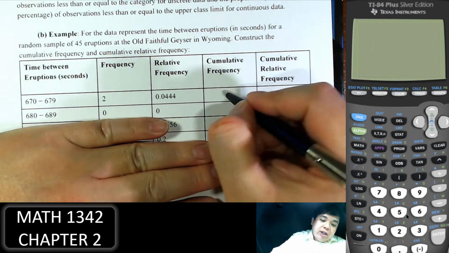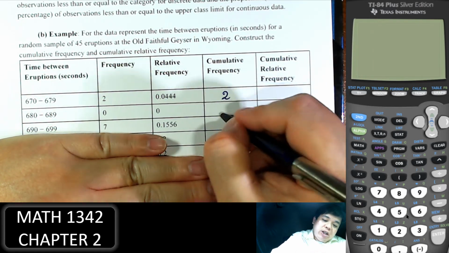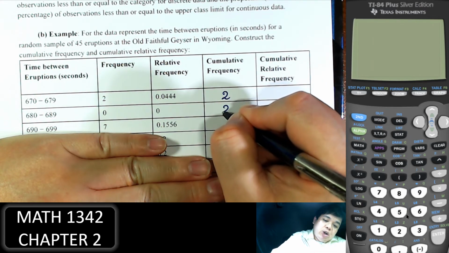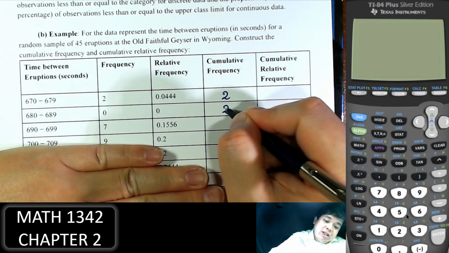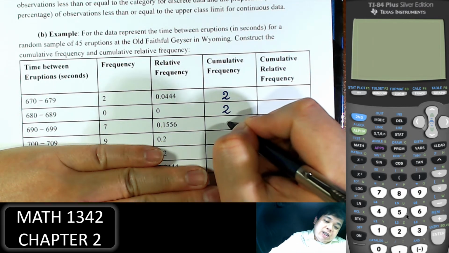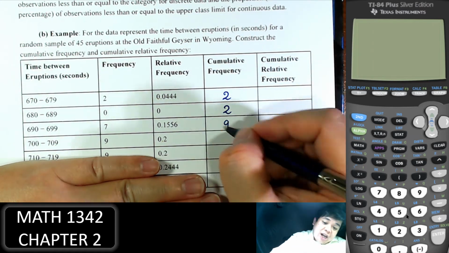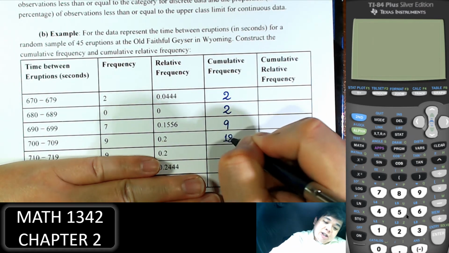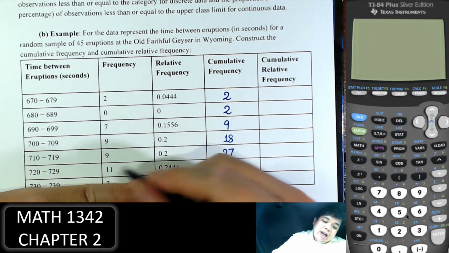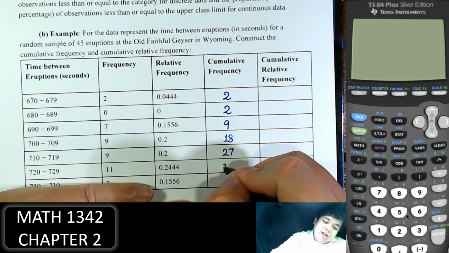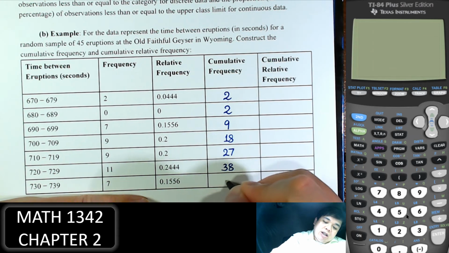So originally there are 2, and the next one there's nothing new, still 2. Next one is 7, so we add 7 to that: 7 plus 2 is 9. Next there will be 9, we add 9 to 9, and there's another 9, and plus 11, and then plus 7.